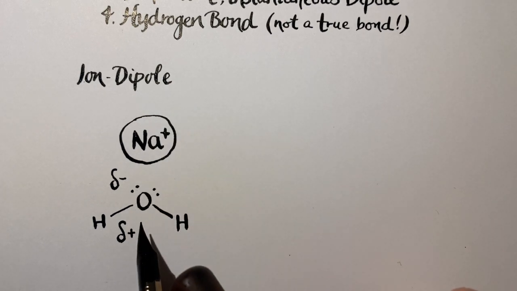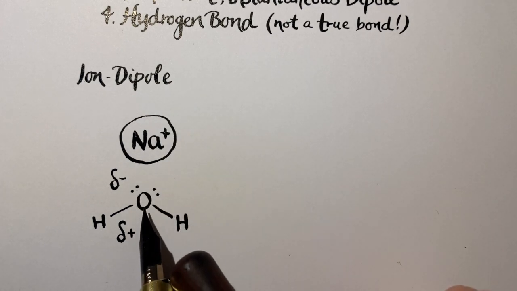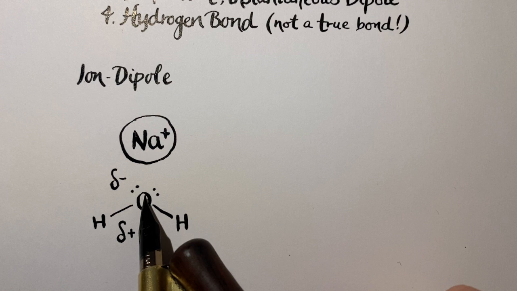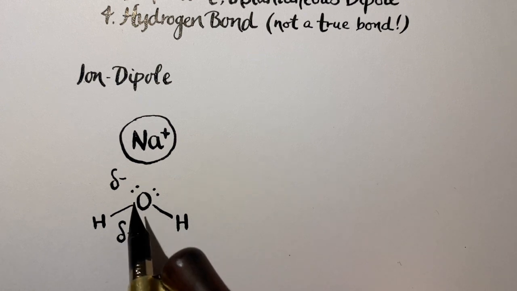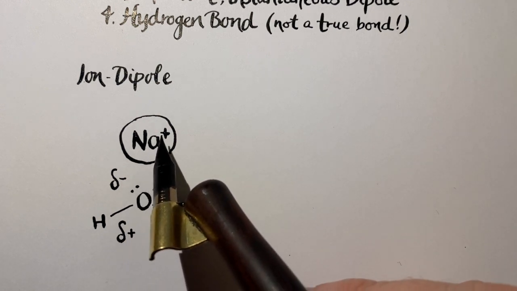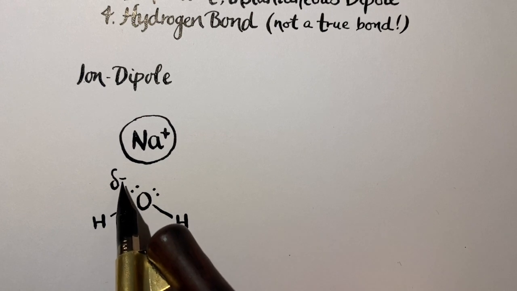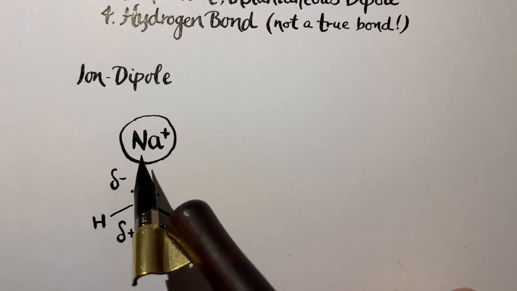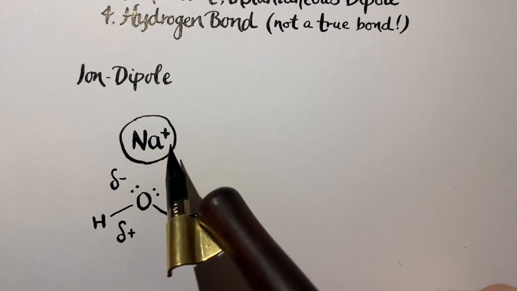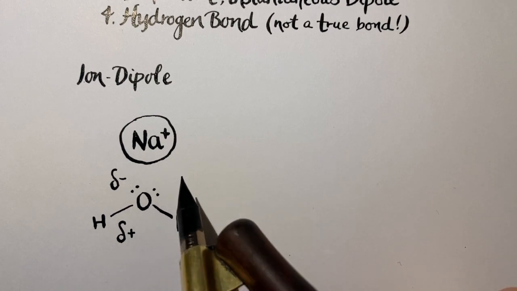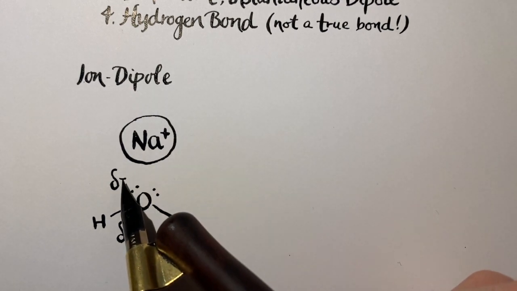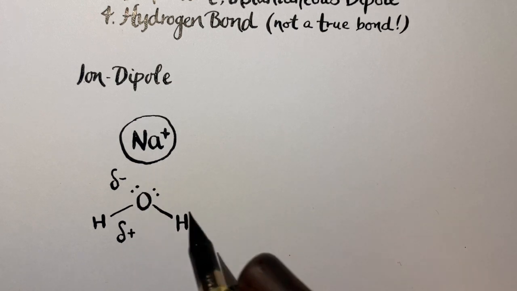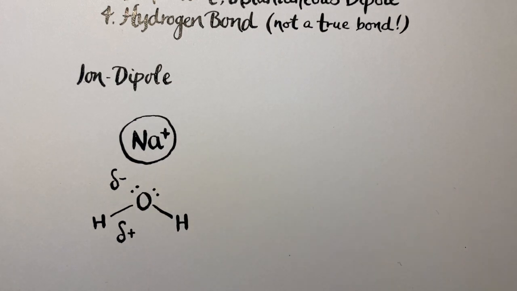And so that's how we predict that the oxygen end of our dipole will be attracted to the positive, because in Coulombic forces, or in other words, electrostatic forces, negative attracts to positive.